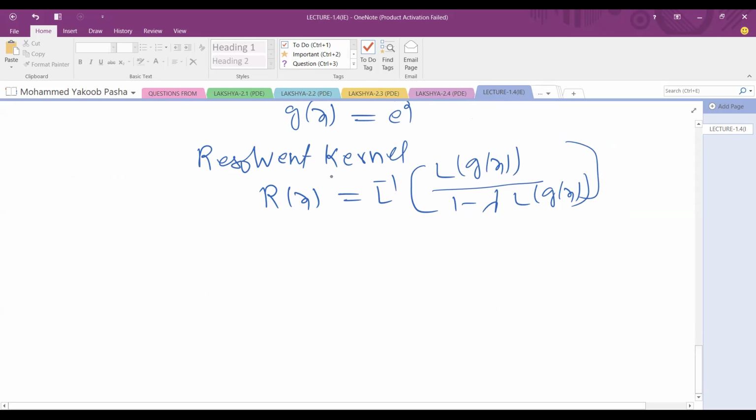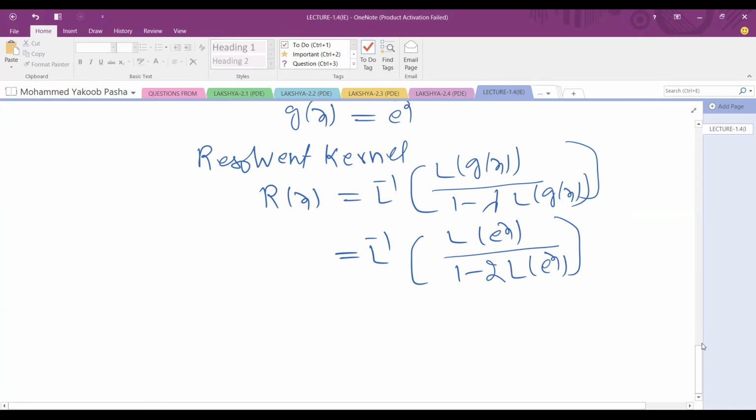So this can be written as L inverse Laplacian of L of g of x, where g of x is e power x, divided by 1 minus 2 into Laplacian of e power x.